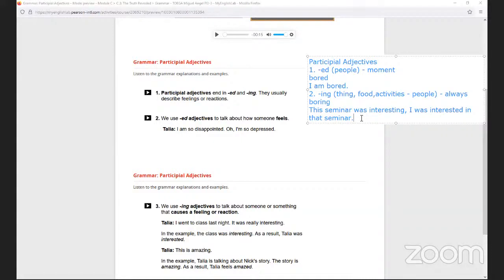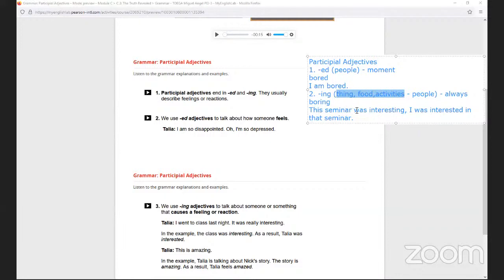Okay. Yes, this is the most common one when we describe people. So this is okay. For example, I am angry, I am interested, we could use, for example, amazed or disappointed, depressed, right? So this is the most common when we talk about people. But we have to try to use -ing always for things, because the other is not correct. And in speaking, many people, when we talk about things, food, or activities, they use only -ed.